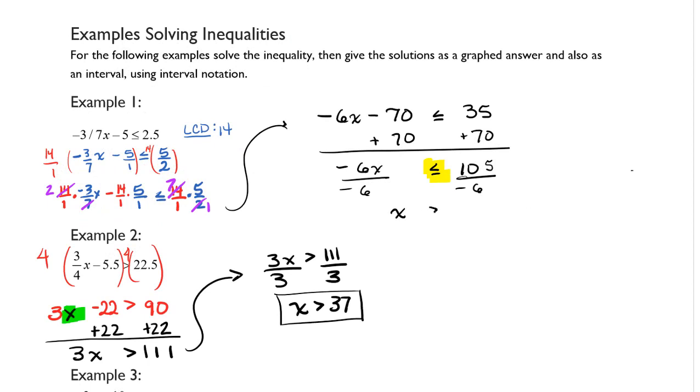This gives me x is greater than or equal to negative 17.5. Go ahead and double check that in your calculator. Since my original inequality was given to me with fractions, decimals, and integers, it is perfectly fine to leave the solution as this decimal.